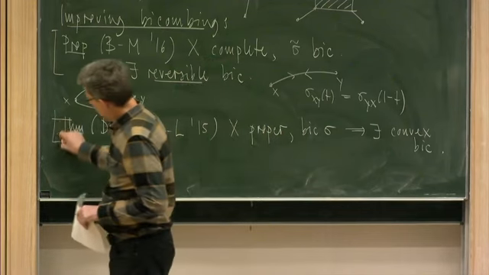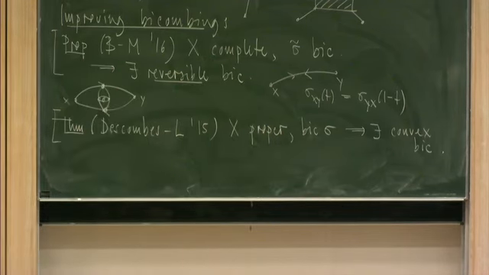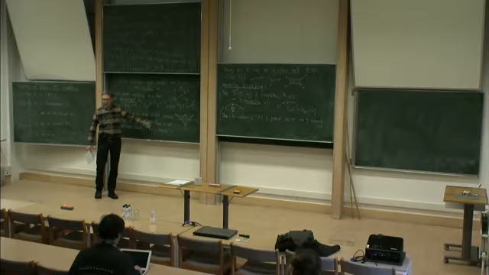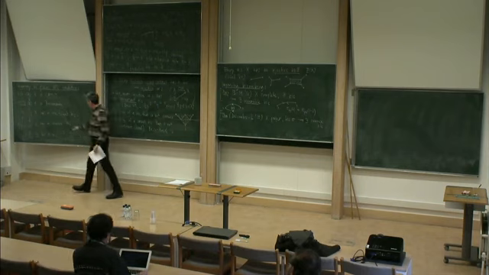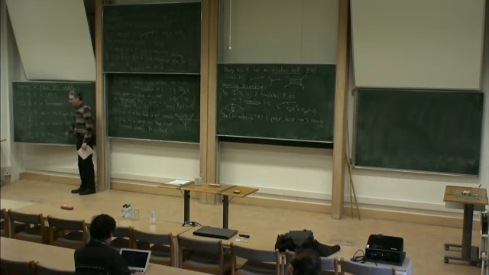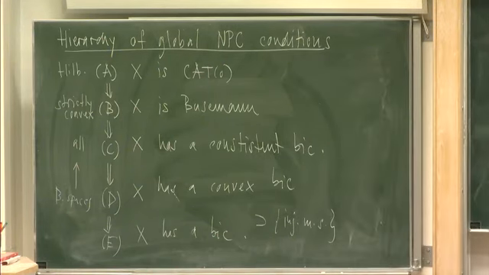This means that if X is proper, these two classes are actually the same. I told you that there are some individual examples of bicombings that are not convex, but if a space admits a bicombing and the space is proper, you can produce a convex bicombing. So for proper metric spaces, these two classes actually coincide.